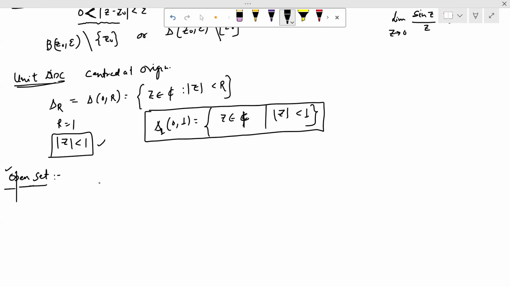Okay. So a subset S of the complex numbers is called an open set in C. देखो सेट ओपन कब कहलाता है?